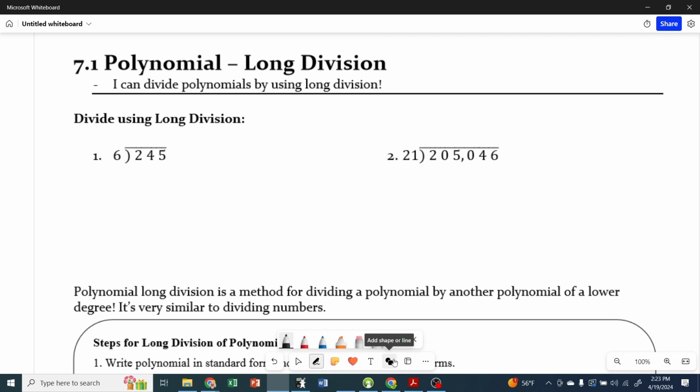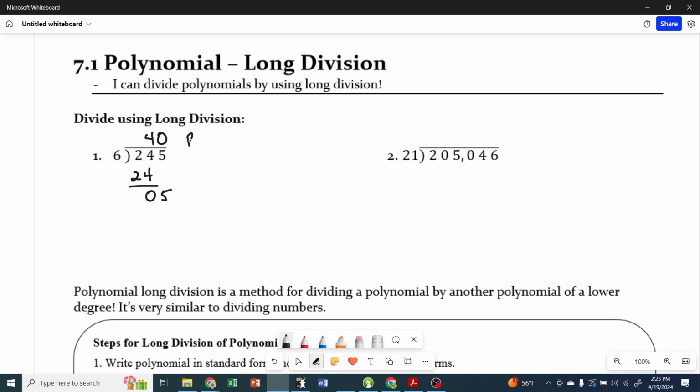Long division is something we learned back in grammar school, and very simply, we went into it like this. We're going to divide 6 into 245. 6 doesn't go into 2, but 6 does go into 24 4 times. So 4 times 6 is 24, and I have 0 here, and I bring down the 5. 6 does not go into 5, so that's a 0.